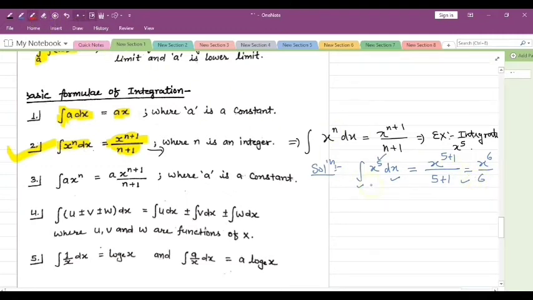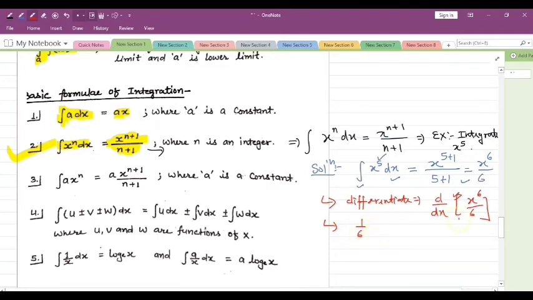Now to check this, we have one more thing: if you differentiate your answer, that is dy over dx of x raised to the power 6 by 6, you should get the same function, that is x raised to the power 5. So let's check it.